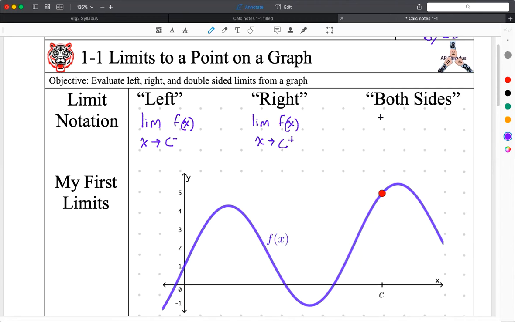I don't remember. Okay, we'll start out the same way that all of these have started out, right? How do you say this thing? Limit of f of x. Exactly. So limit of f of x. And what is going to be the bottom? As x approaches c.